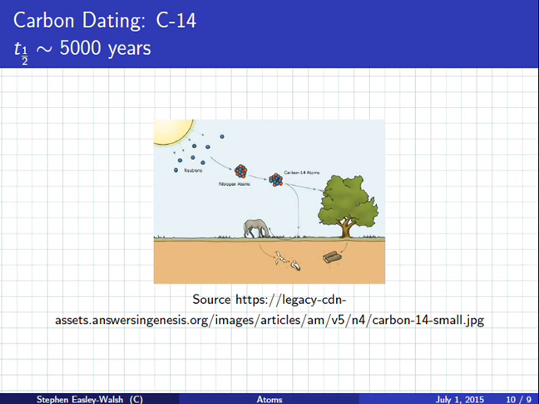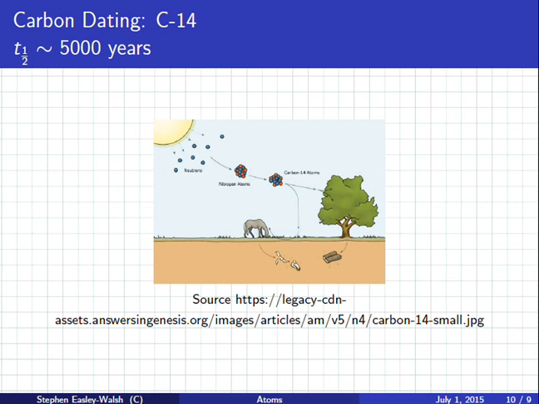So the reason everything that's alive has carbon-14 is because we eat animals, animals eat plants, and plants eat air. If I don't eat animals, if I only eat plants, I still get it. So I think it's impossible.